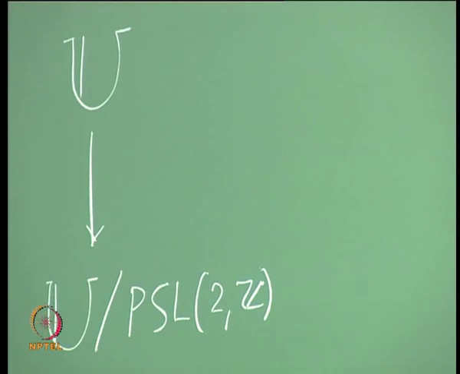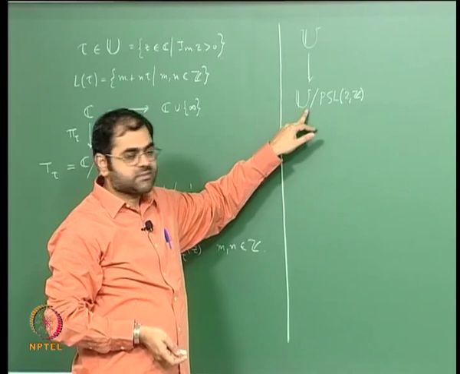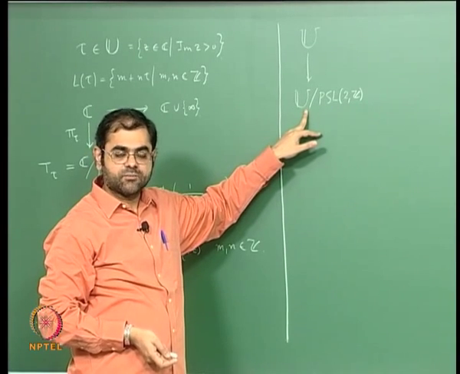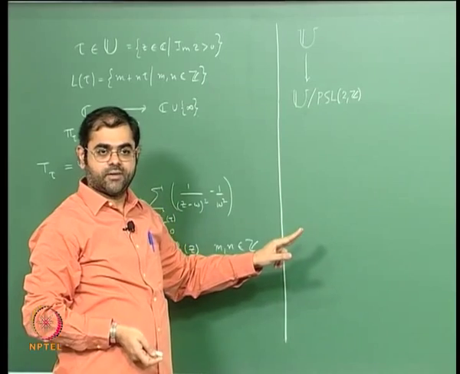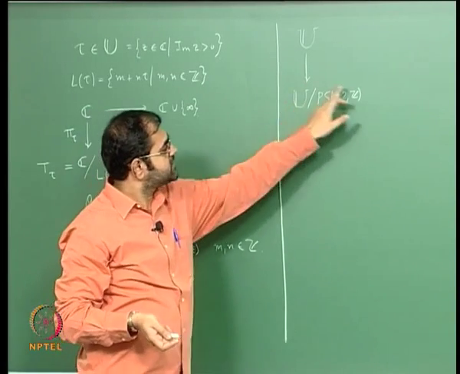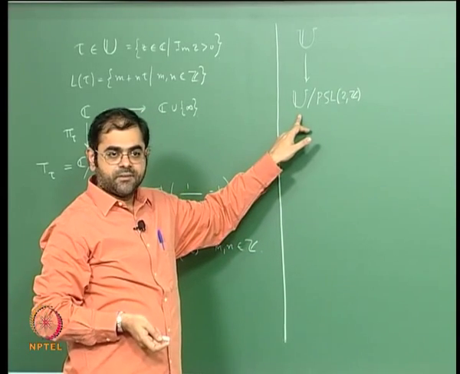Our aim is to show that this Riemann surface is isomorphic to the complex plane C. So you will have to find an isomorphism of this Riemann surface with the complex plane.